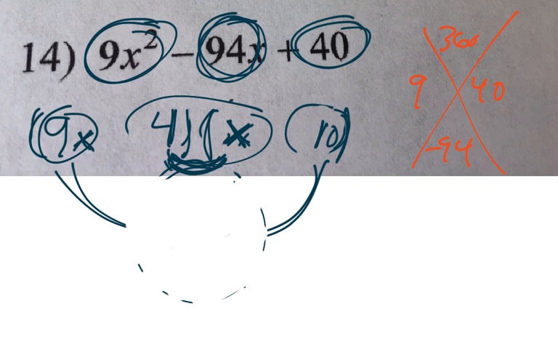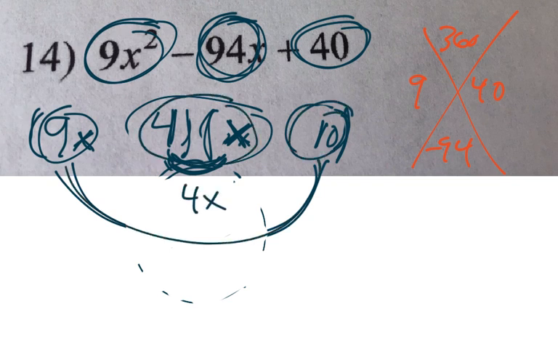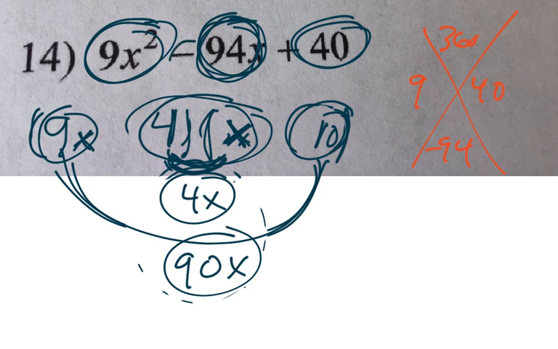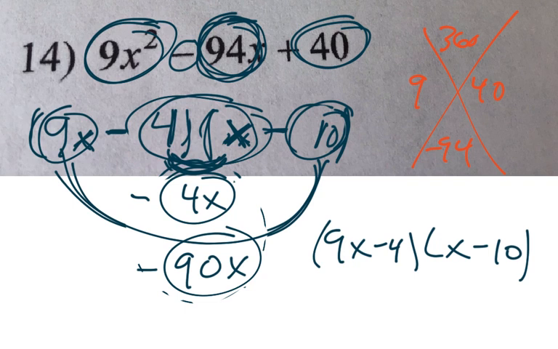In the middle, 4 times x is 4x. The 10 times 9 is 90x. Aha! 4 and 90 make 94. Now, because of the negative, I just need to, again, make sure these are both negative. So there's our answer. 9x minus 4 times x minus 10.